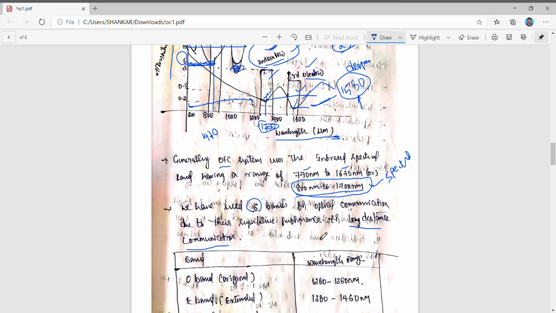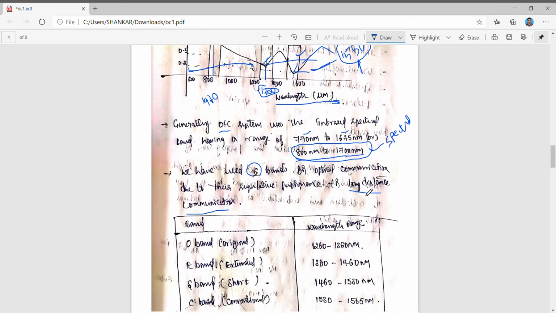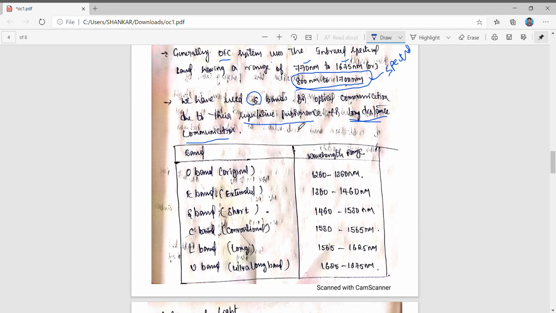Instead of all the other bands in this total bandwidth, designers choose specific bands for long distance communication. Superlative performance means less losses, less attenuation and high speed in transmission. So we have chosen 6 bands from the entire bandwidth.